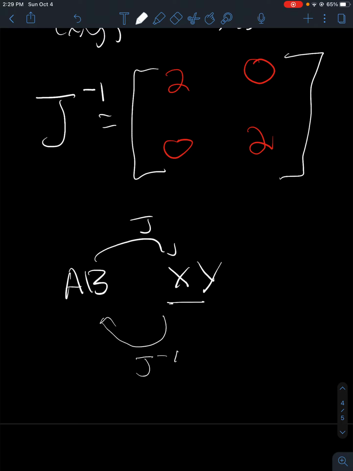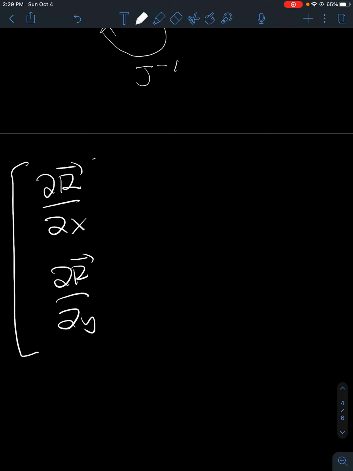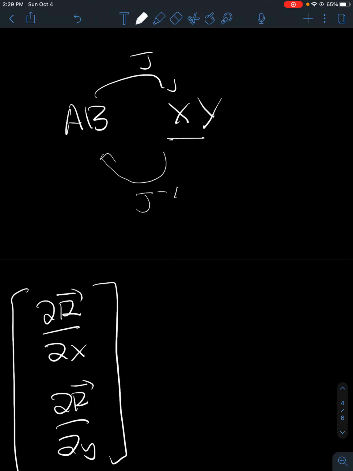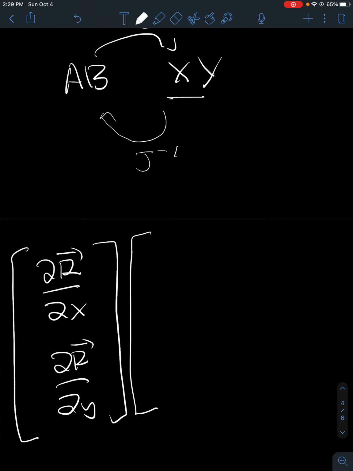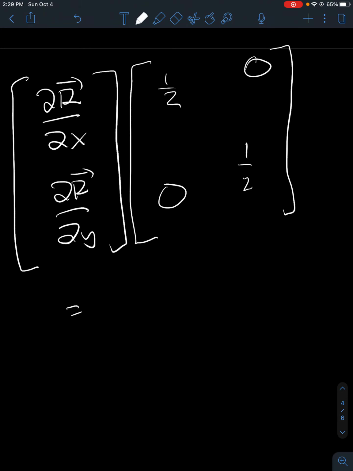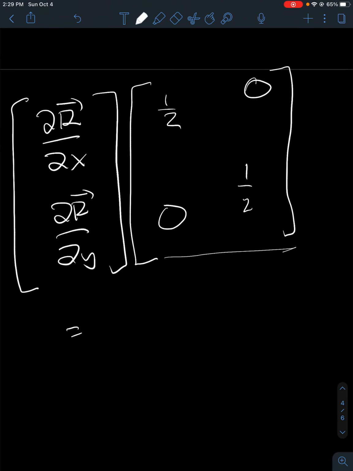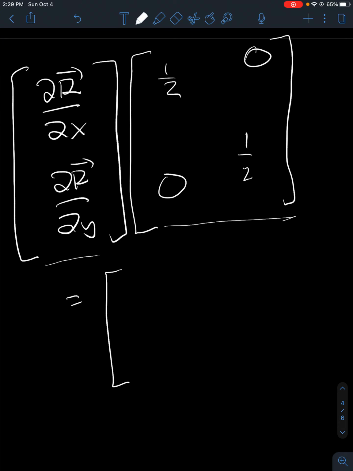And we can actually store the x and y vectors as a column vector. And we can multiply these by the Jacobian matrix, which would be 1/2, 0, 0, 1/2, and when we multiply them out, we get a new vector.